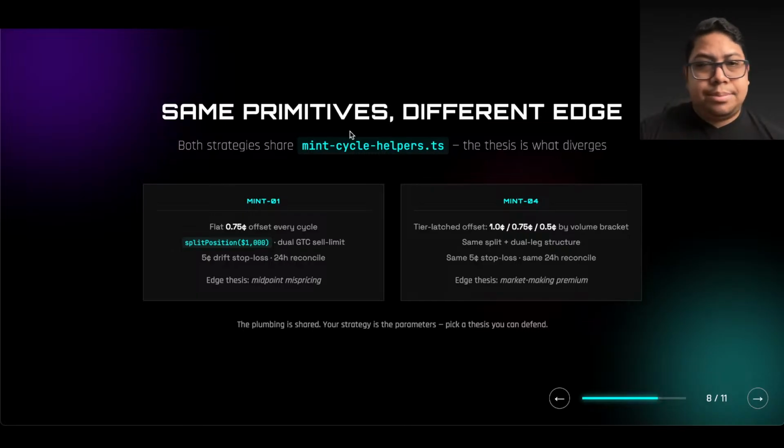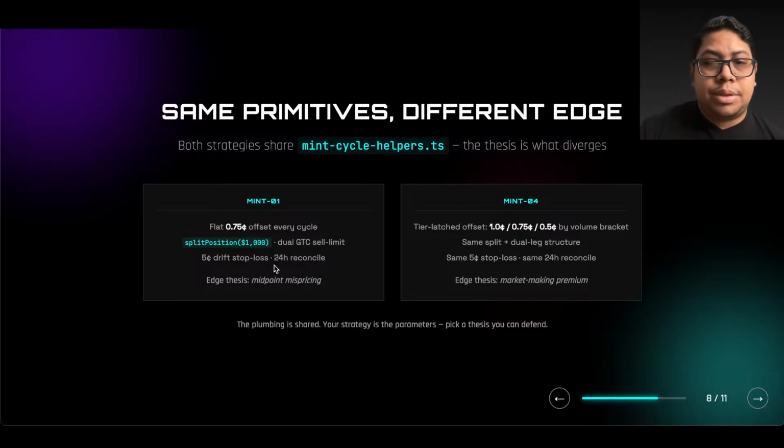Once again, just a plain differentiation, even though it might be using similar modules inside, because it's still going to make a mint, for example, it's still going to have a cycle, but it does have specific differences, right? Once again, mint 01 is going to be a fixed or flat offset. The mint 04 is going to be large.